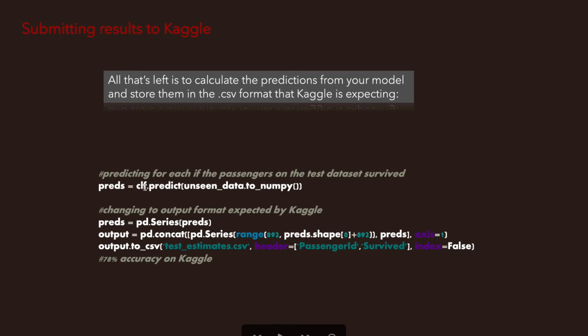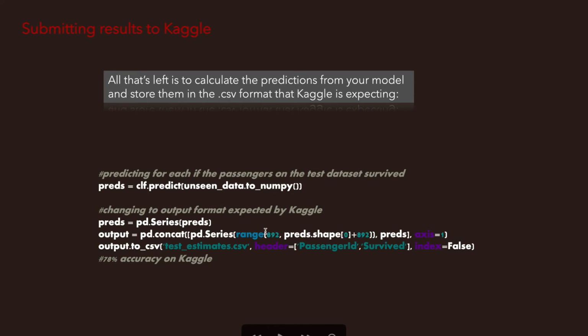Remember, that's where we stored the model, and that prediction we then store in a variable we call preds. The predictions are then transformed into a pandas series so that it looks nicer, and we can also more easily use the toCSV function to store that.